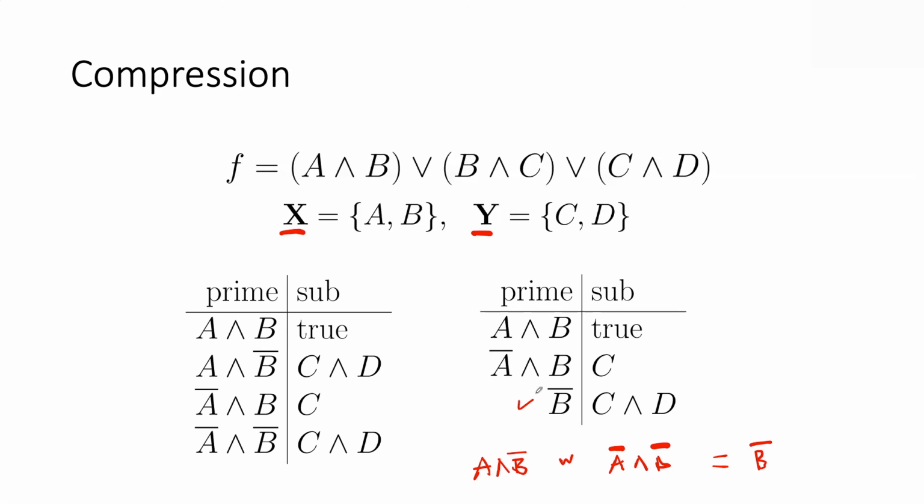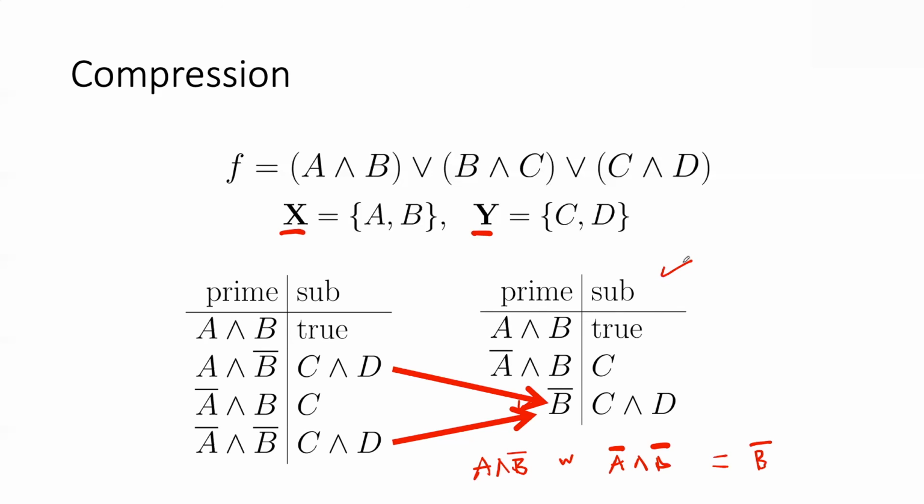Now, in this case, I had only one violation. There were only two equal subs. If there were three equal subs, three primes that have the same sub, I just take the disjunction of the three primes. And if I had more violations, I can do the same. And you can see how this process is going to yield a unique output, right? And this now is compressed.